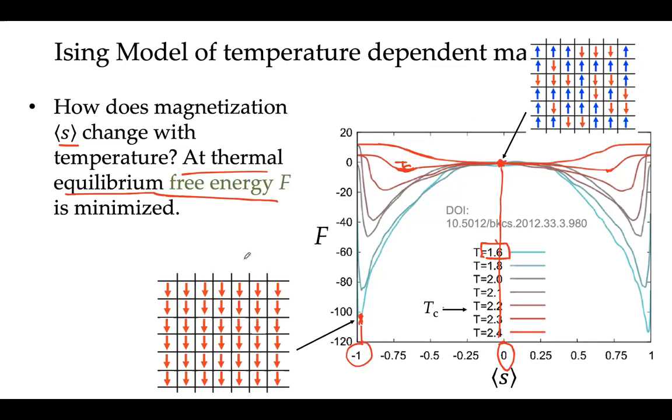So the macroscopic magnetization produced is in the negative direction. You may ask, what is this other dip for? That minimum is for the same thing, except all the spins are up. That corresponds to the case of low temperature, but where all the spins are up.